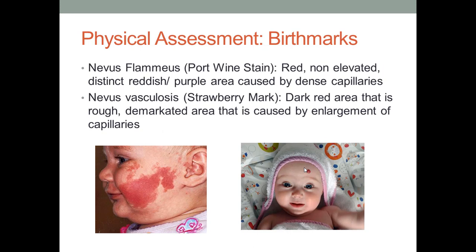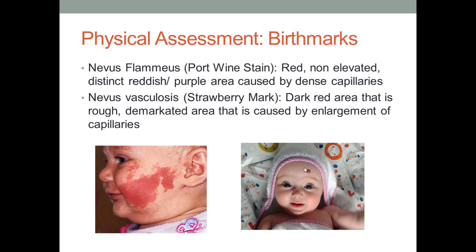Nevus flammeus, which is also called a port wine stain. It's a very bright red, very deep red, non-elevated area. There's just a lot of capillaries in this area. A nevus vasculosus, which is called a strawberry mark, is kind of the same thing as a port wine stain, but it's rough, it's raised, it's demarcated.